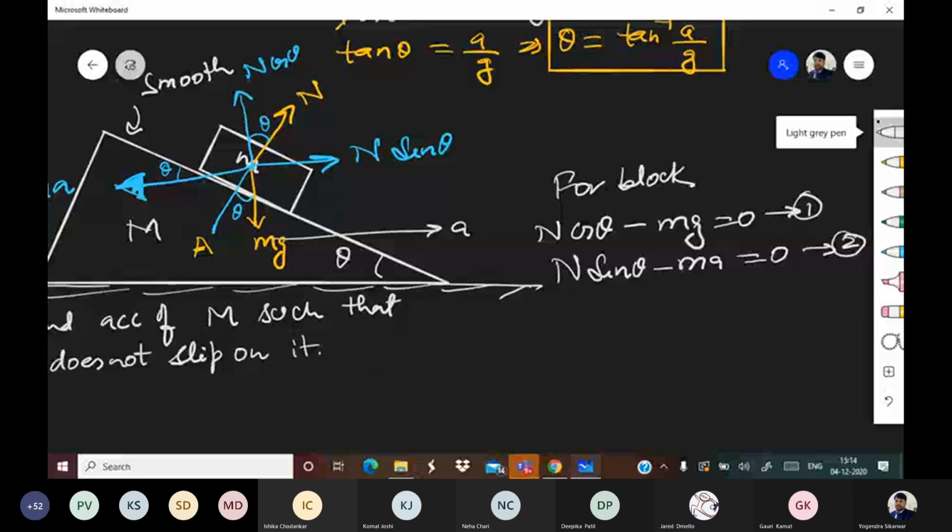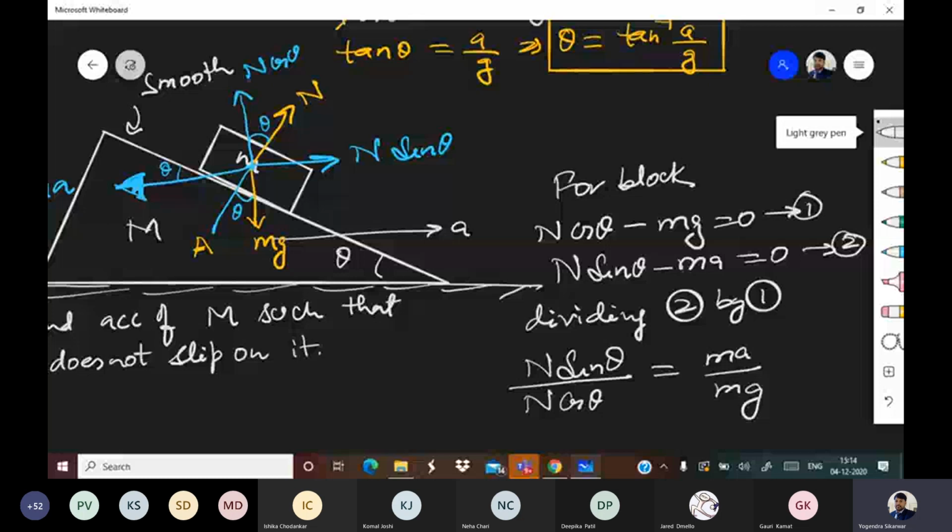Okay, if we divide 2 by 1, what do we get? N sin theta upon N cos theta is equal to ma upon mg.